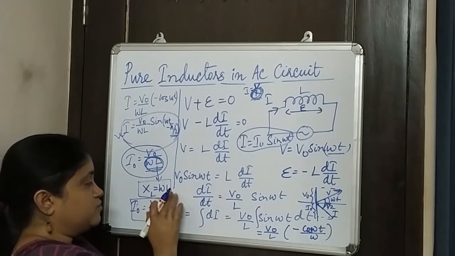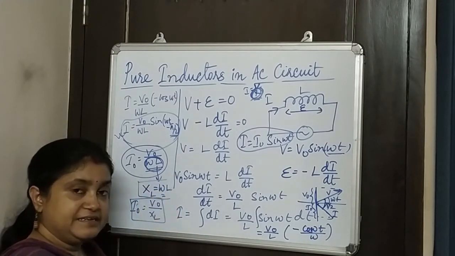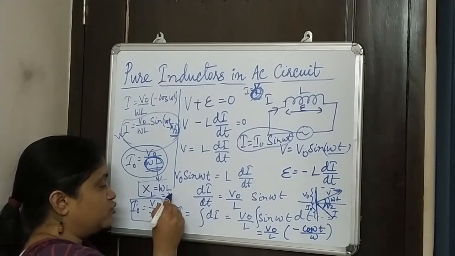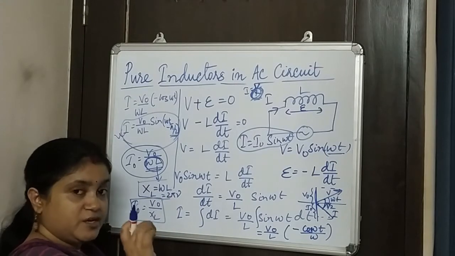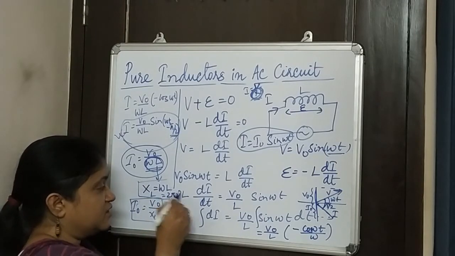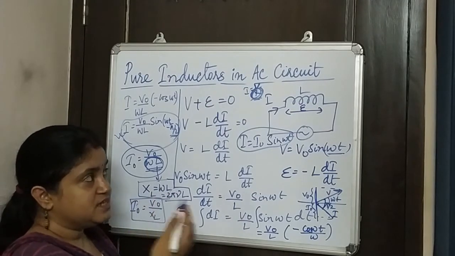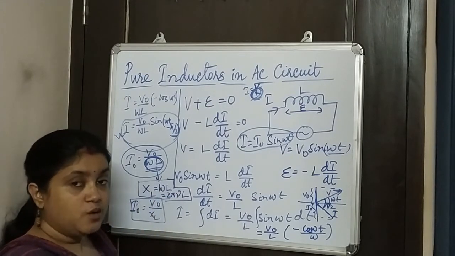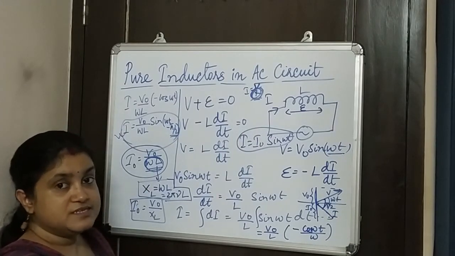Now this can also be written another way. If I directly take the frequency nu, then omega equals 2 pi nu, so XL equals 2 pi nu into L. This is the inductive reactance, which also acts like a kind of resistance to the circuit.